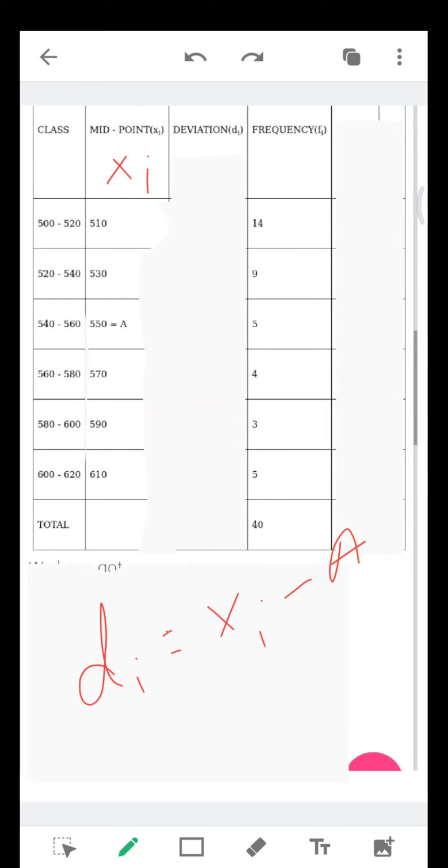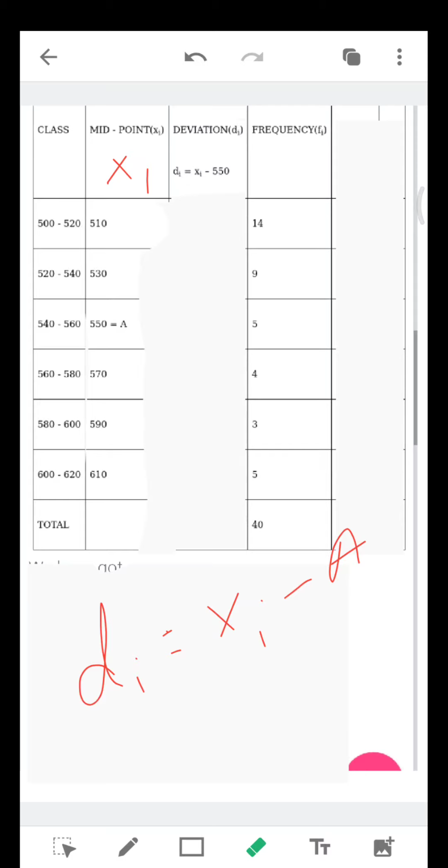So our value of a here is 550. Let's find deviation now. The formula for deviation is xi minus a. So here the third column is the deviation, that is xi minus a. For your convenience I have written xi minus 550 because a is 550. Let's subtract and find di values.